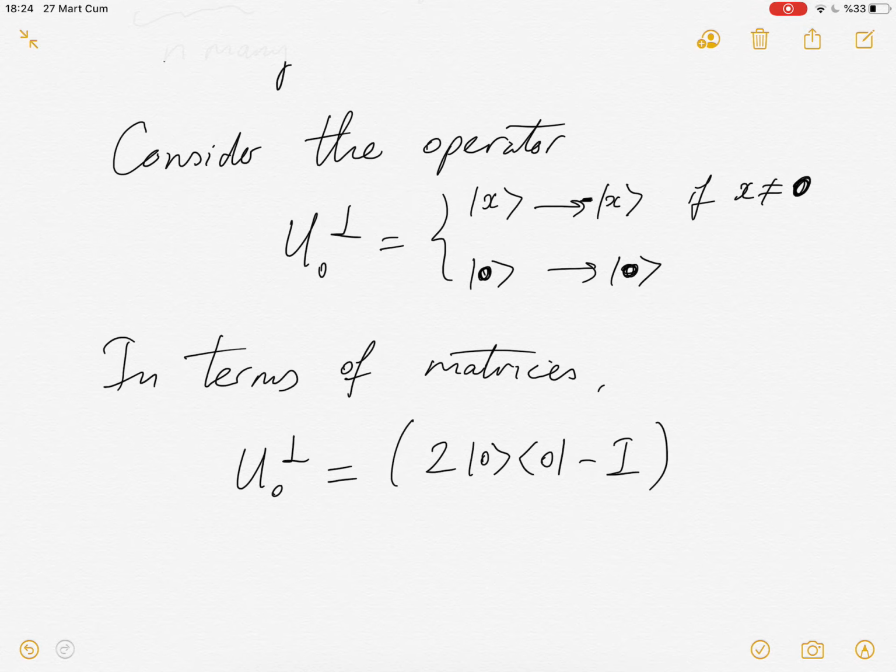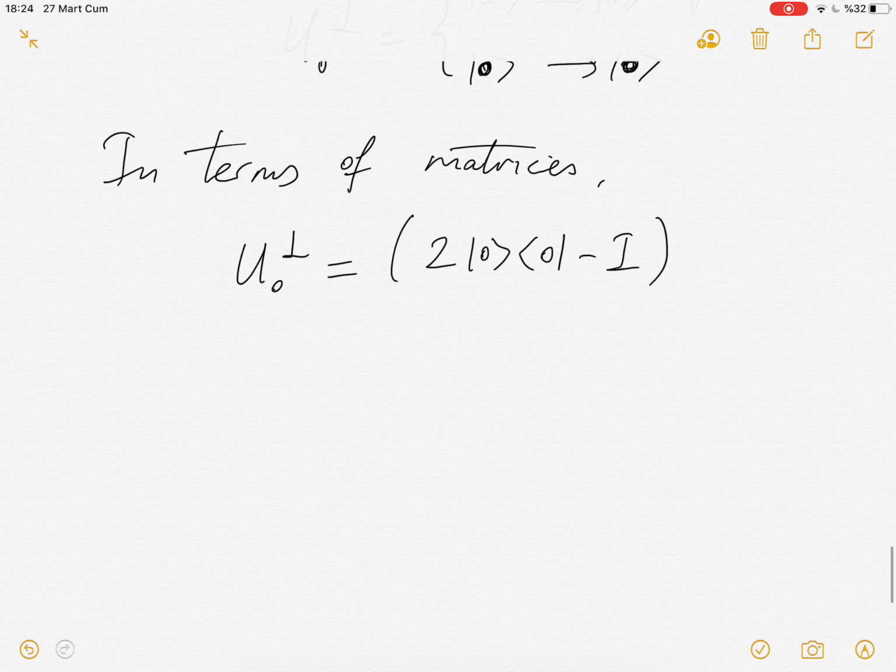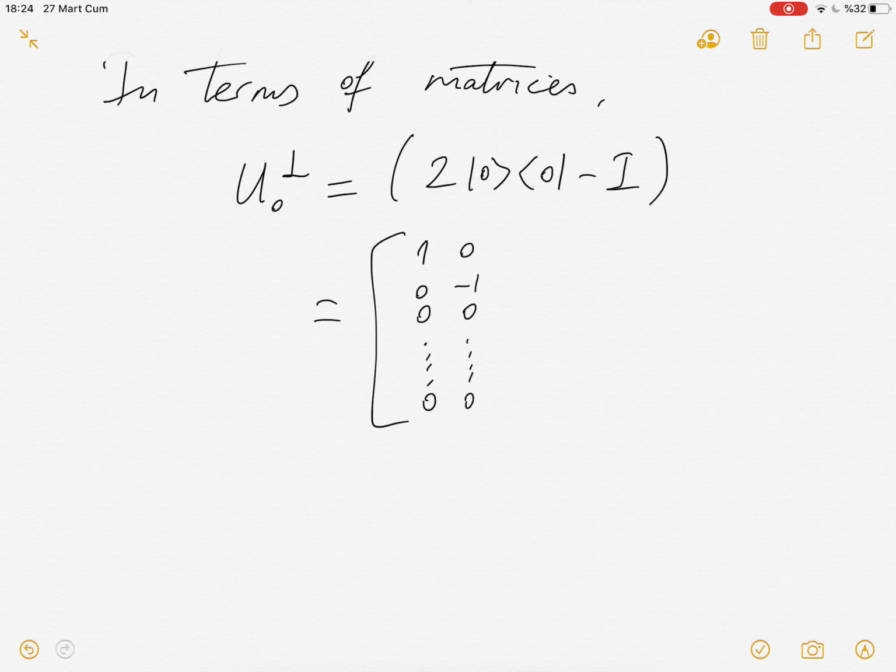And this is simply equal to 1, 0, 0, 0, and then we have 0, minus 1, 0, and then we have 0, 0, minus 1, 0, and then we have 0, minus 1.